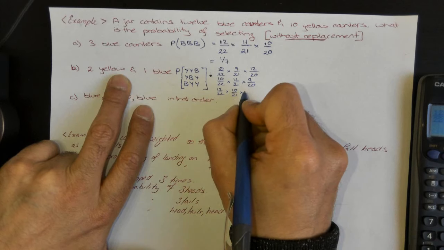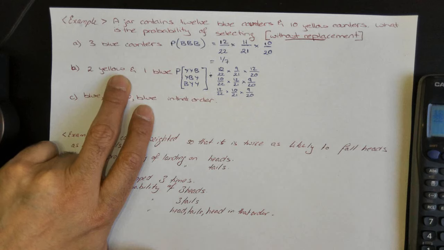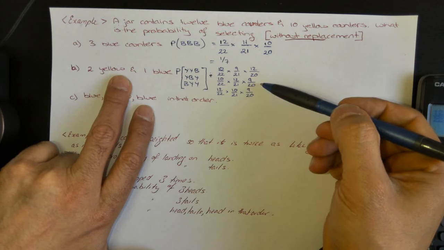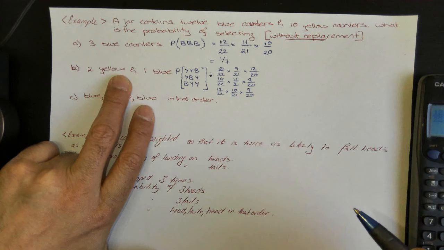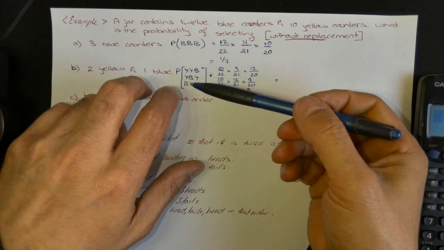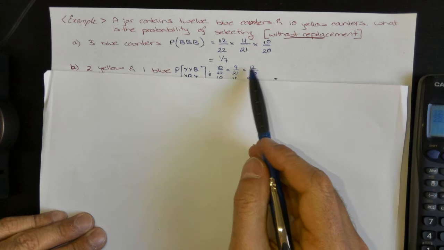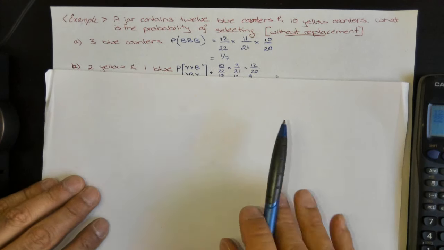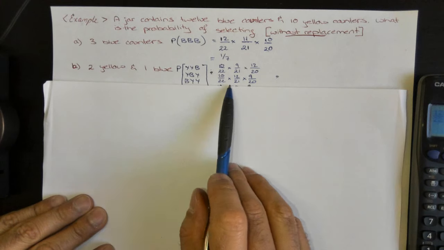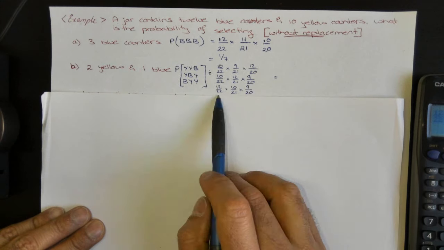And then yellow last would be 9 over 20. Okay, so notice that I've actually got 3 possibilities, but all individual possibilities, or individual lines. So here I've got 10, 9, and 12, over 22, 21, 20. I've got 10, 12, 9, over 22, 21, 20, and 12, 10, 9, over 22, 21, 20.